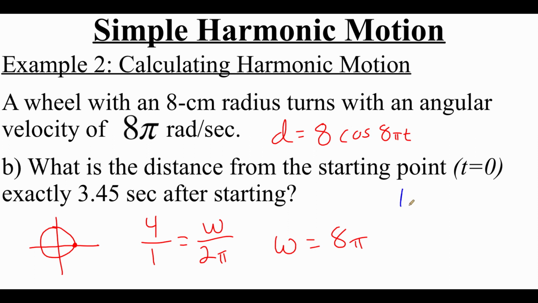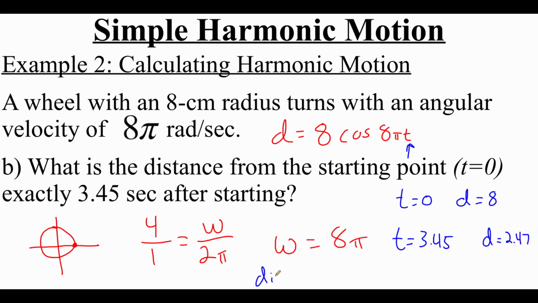The first value is a t value of 0. Plugging that in for the variable, we get a distance of 8. Then we look at what happens at a t value of 3.45. Plugging in 3.45, we get approximately 2.47.